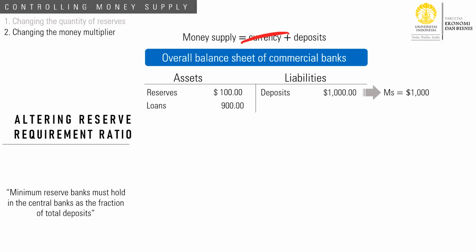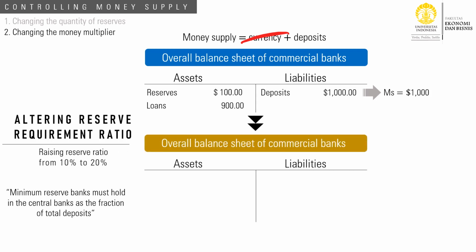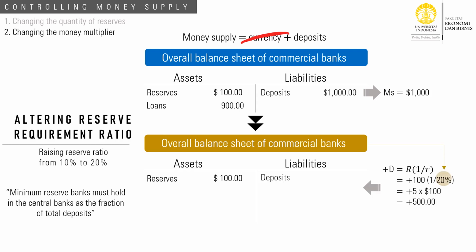Money supply is $1,000. When the reserve ratio is raised from 10% to 20%, we can observe from the new T account, total loans that can be made from the $100 of reserves are now lower. Using the money creation formula again, the maximum total deposits are just $500, half the amount of the previous deposits, or $500 less.